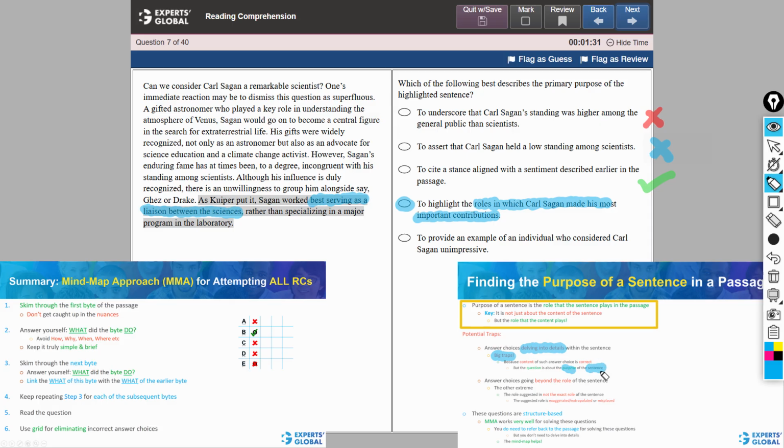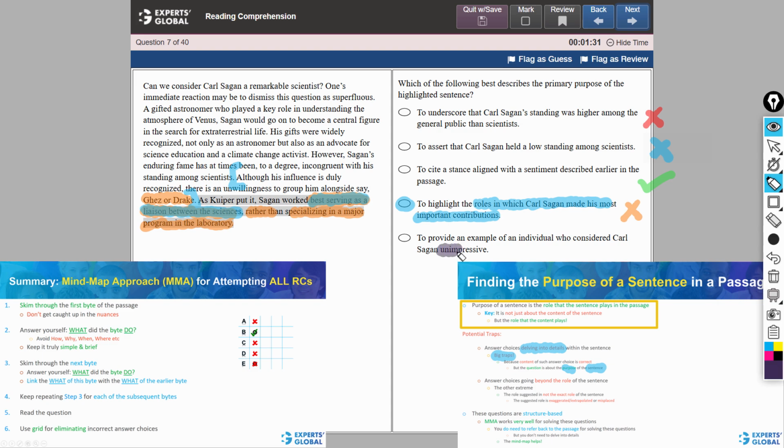The purpose of the sentence is to explain a certain assertion made in the previous sentence. In the process of doing so, the highlighted sentence suggests that our scientist was best at doing something else rather than doing what leads to remarkable scientists. If you eliminated choice D through complete, coherent reasoning, good job.